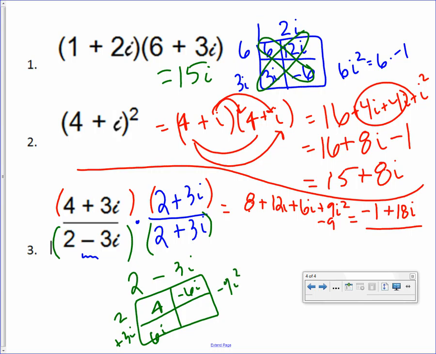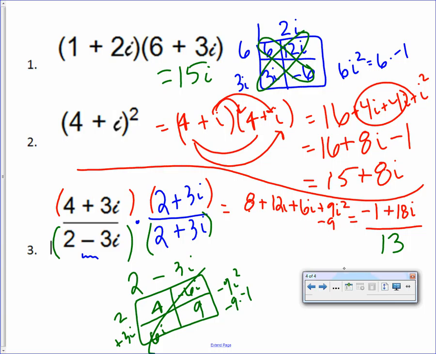Remember that i squared is negative 1, so negative 9 times negative 1 is actually positive 9. Now I'm going to add my like terms. Notice that positive 6i and negative 6i cancel out. So I have 4 plus 9, which is 13. That's the whole point of the conjugate. The imaginary terms will cancel out so that you have no i's in the denominator. You only have a real number.